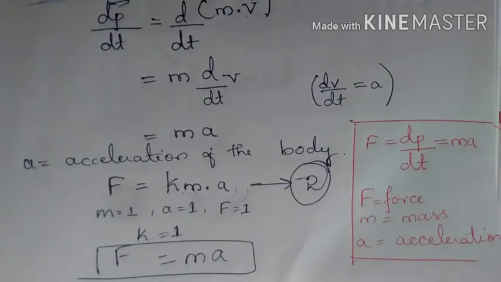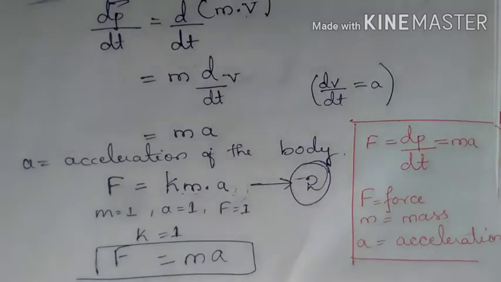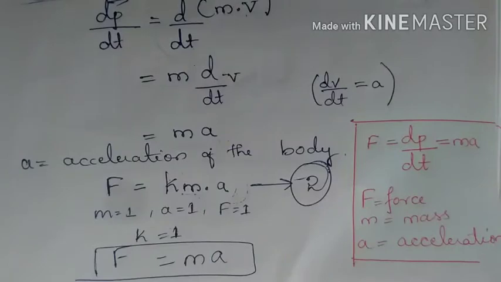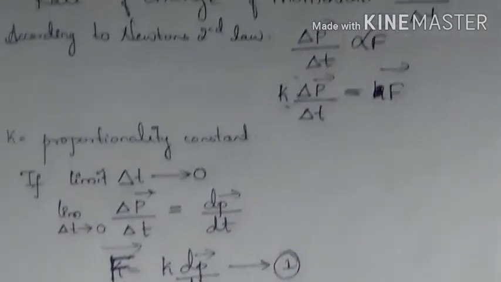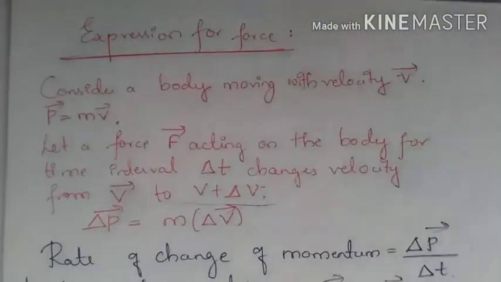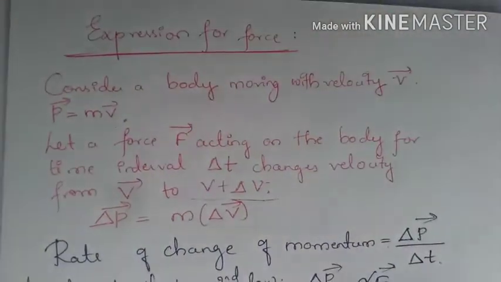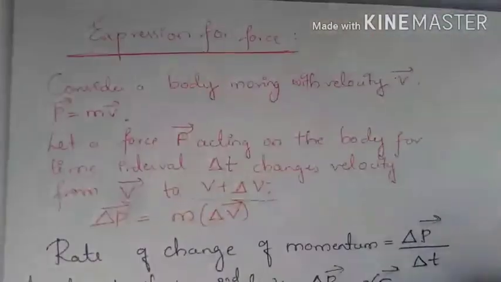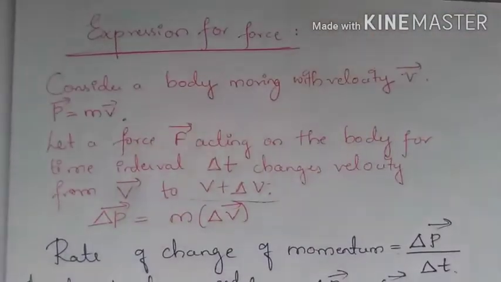Now, moving to the alternative method to get F equals ma. So let us look for the alternative method. This is one kind of derivation. You can follow either this method or the next method which I am telling you. The next method is also for the expression of force, but we are using an alternative approach to find it.